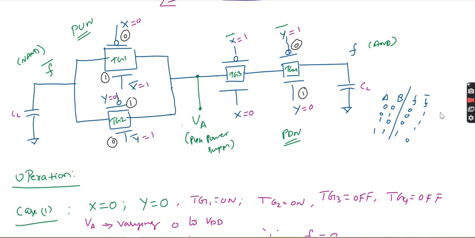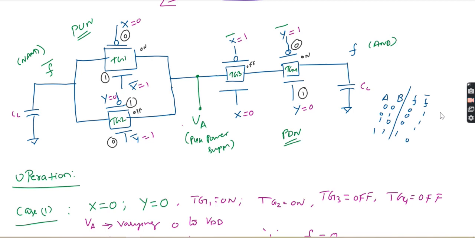Now which of them will be on? You can see that TG1 is on, correct? This will be on, then this will be off. Then again this will be on, and this will be off.